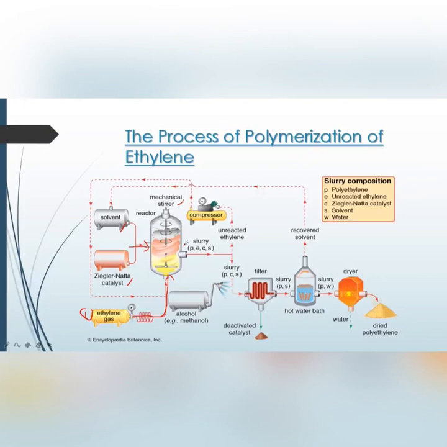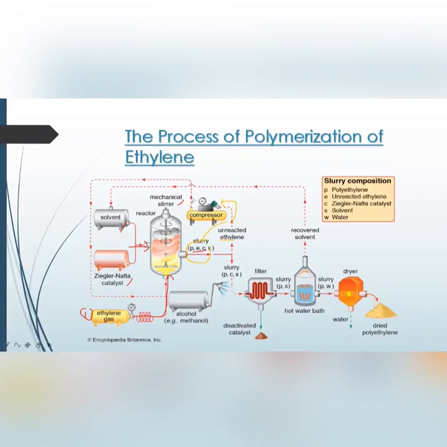After that, the four substances, which are the polyethylene, the ethylene that has already polymerized, the unreacted ethylene, the Ziegler-Natta catalyst, and the solvent, will exit from the reactor. From these, the unreacted ethylene will be separated out and goes to the compressor.